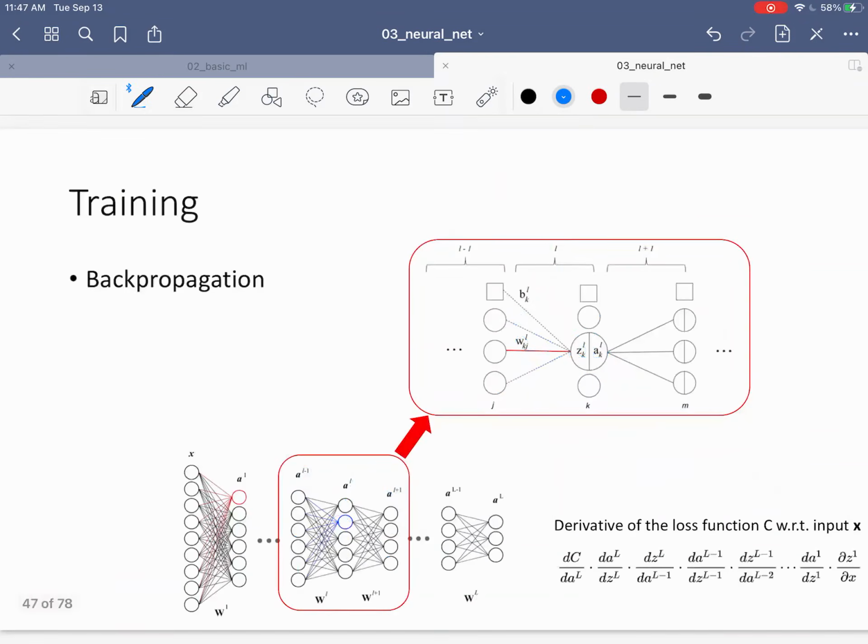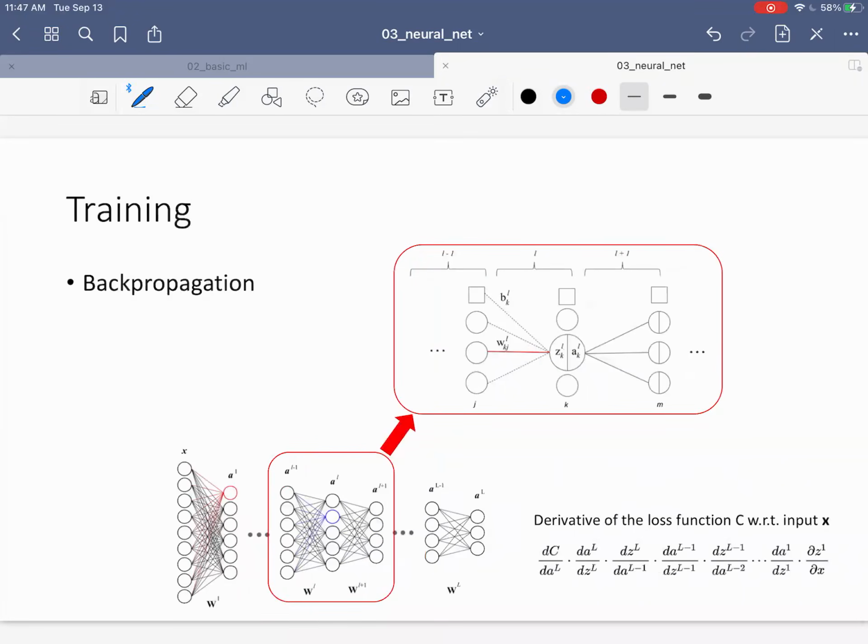Moving on. When you want to do a derivation, when you want to differentiate with respect to all the way down to the bottom, which is X, your input, starting from the C. We have C, the loss function, and we want to differentiate it with respect to X. The C would be somewhere over here, right?